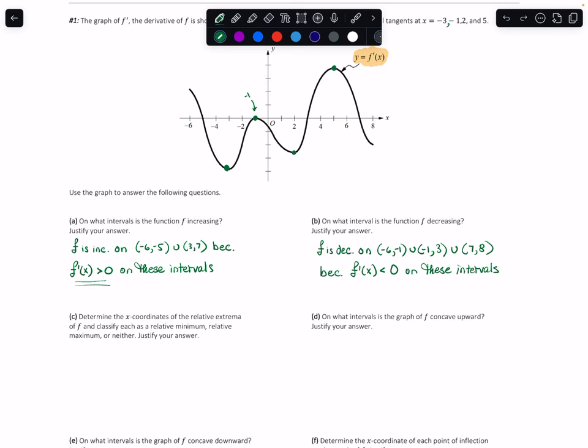It's never undefined. However, it is 0 in a couple of places. So where does f have relative extrema? It has relative extrema actually at the x-intercepts of f prime, because those are the places where f prime of x gives me 0.